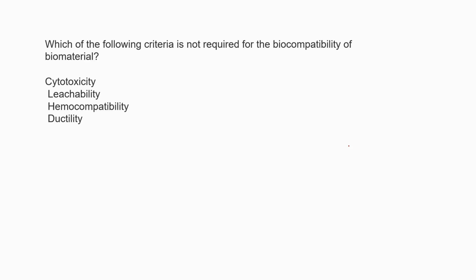A. Cytotoxicity, B. Leachability, C. Hemocompatibility, or D. Ductility. So here the correct answer would be D, ductility.